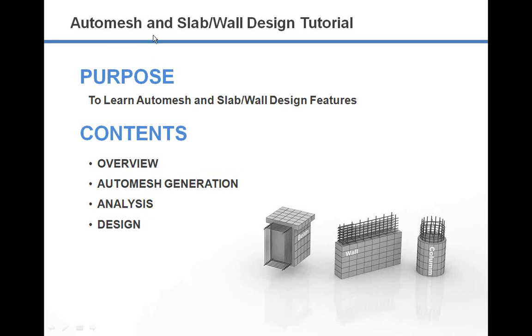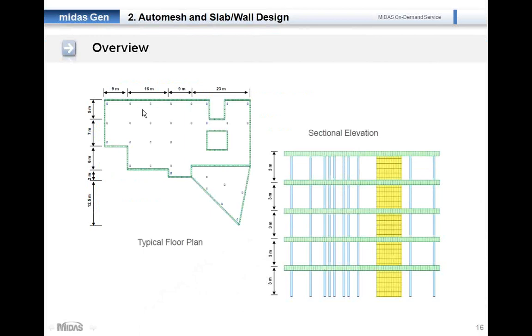And I will start the auto mesh and slab wall design. With this example, we will learn how to model the slab and wall with plate elements. I will explain the auto mesh function and slab and wall design.